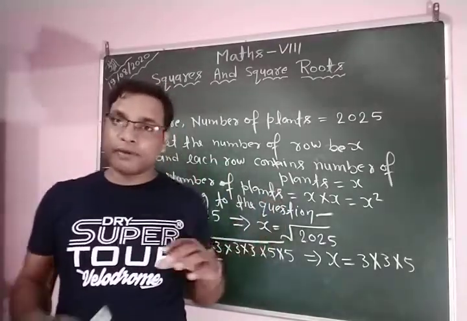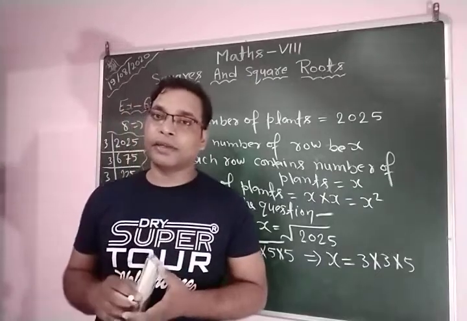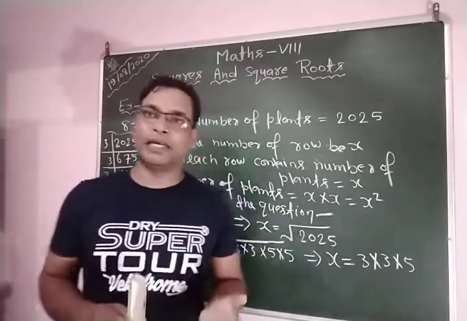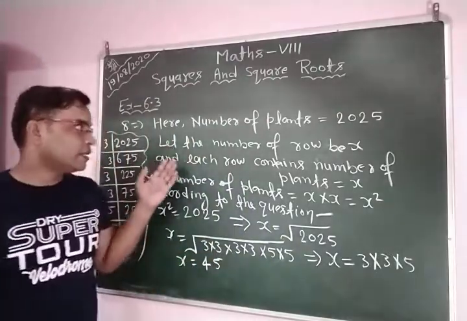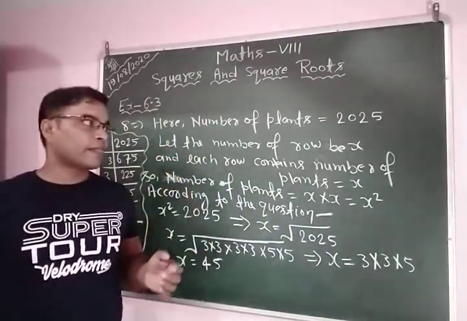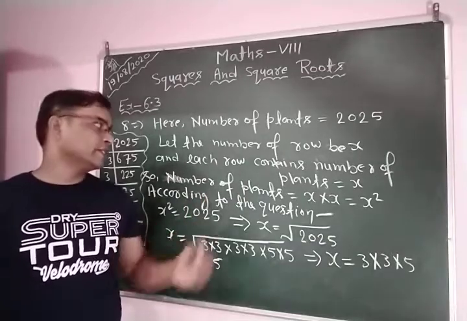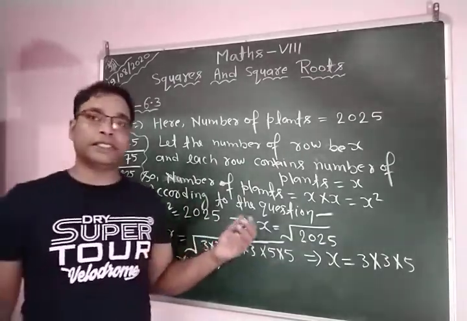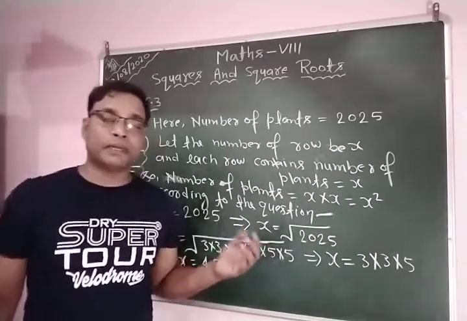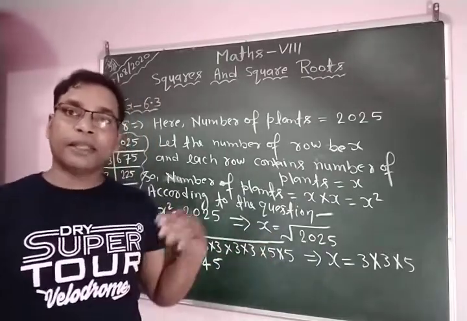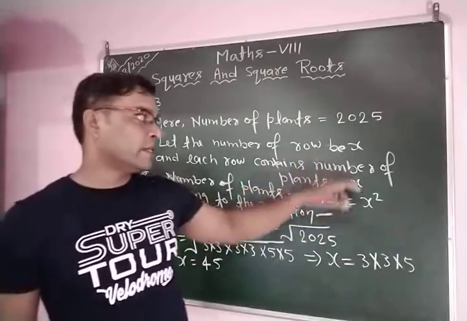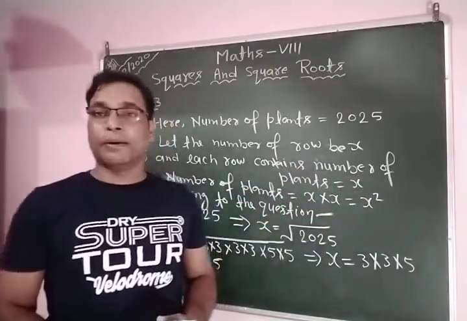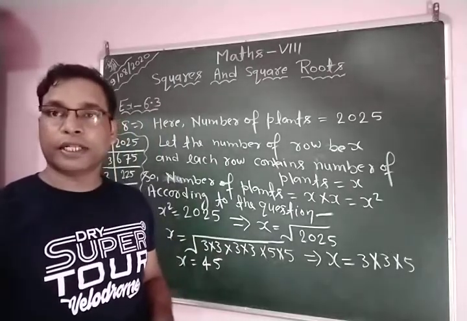It means that the number of rows in the garden is 45 and the number of plants in each row is again 45, because we let the number of rows in the garden be x, and each row contains x plants.